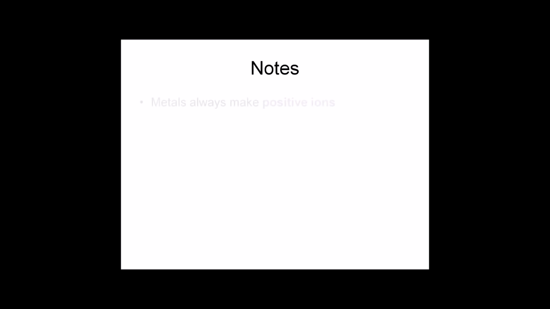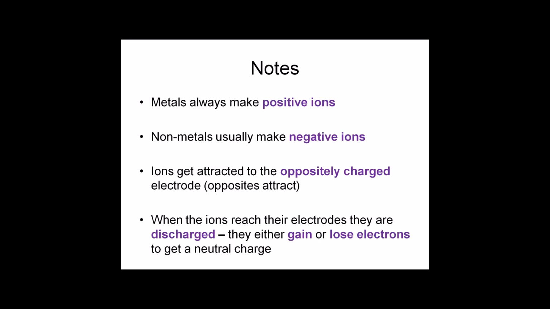So they either gain or lose electrons at the electrodes to get a neutral charge. The positively charged ions are going to gain electrons at the negative cathode, and the negatively charged ions are going to lose their electrons at the positive anode.